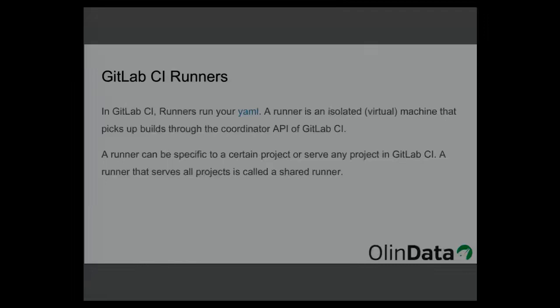So specific to a project is, for instance, if you have certain code that only works for Windows, then you will have a runner that runs Windows, and you won't want to run your other projects on them. So see later on how we can determine which projects get run on which runners. But in general, runners are the isolated environments where you run your code.